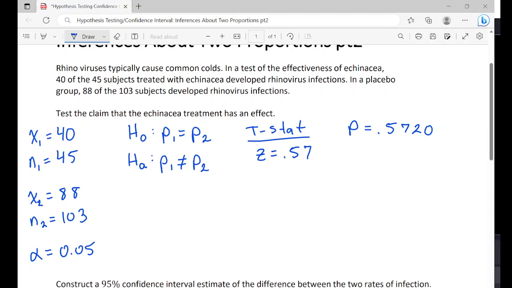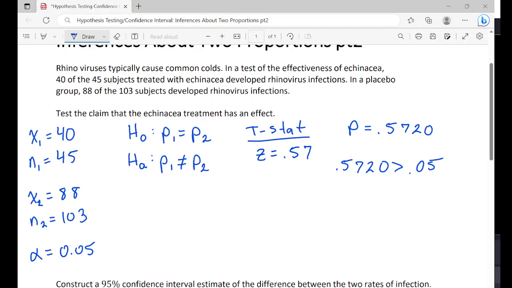And again, I'm going to use the p-value method to test whether we reject or fail to reject. So it's p compared to alpha, so 0.5720 is definitely greater than 0.05. So p is greater than alpha.